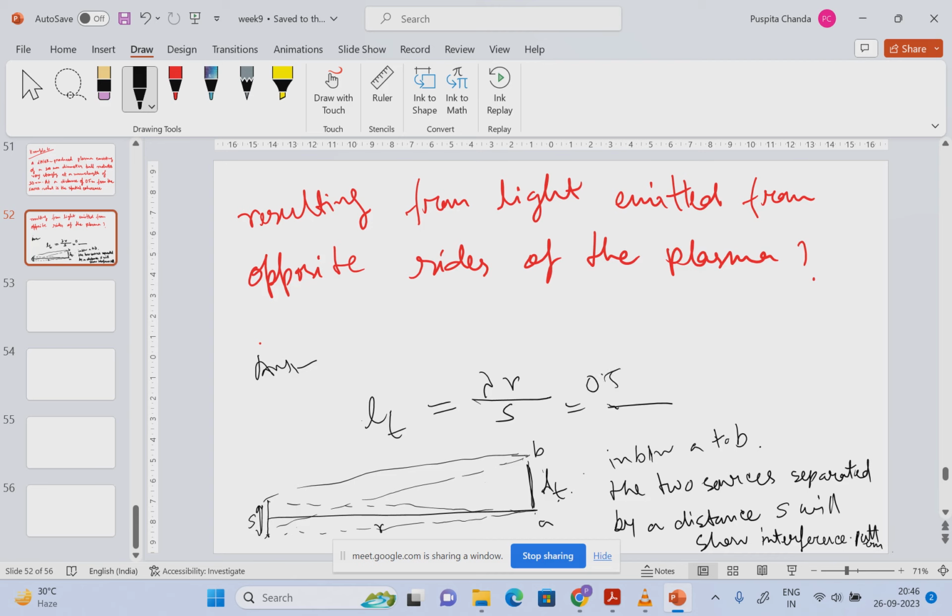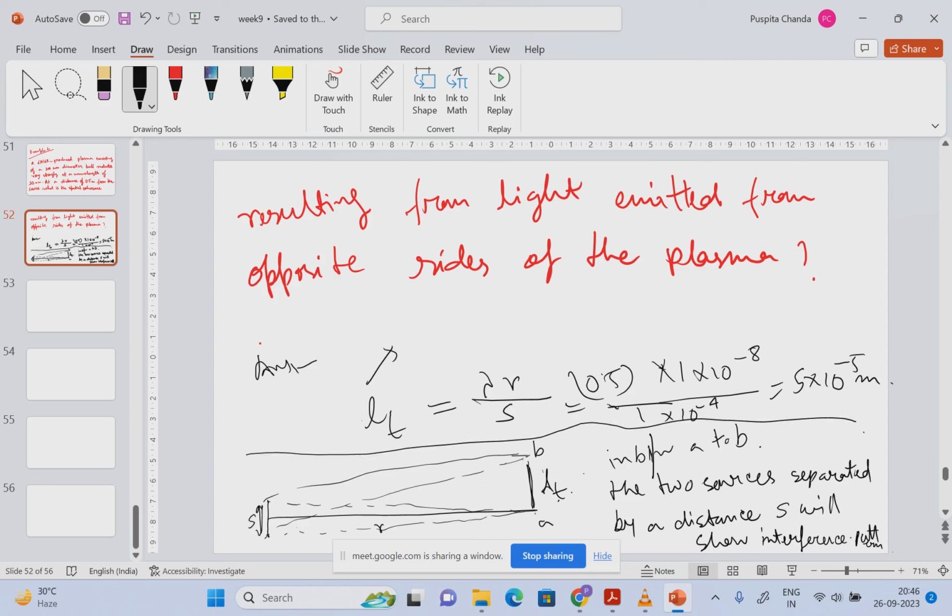It's 0.05 into 1 into 10 to the power minus 8. Use 1 into 10 to the power minus 4. So this will be 5 into 10 to the power minus 5 meter. So this is the answer.